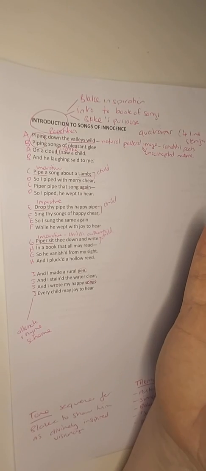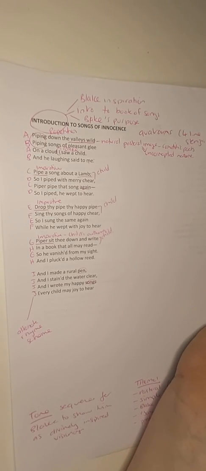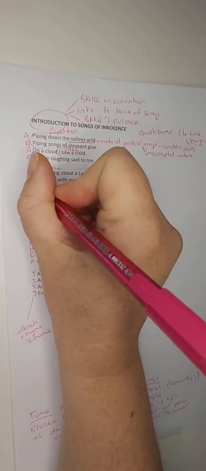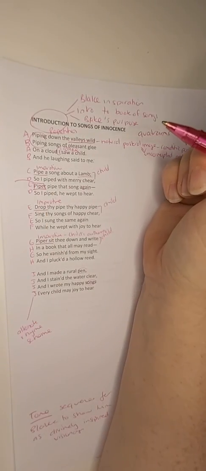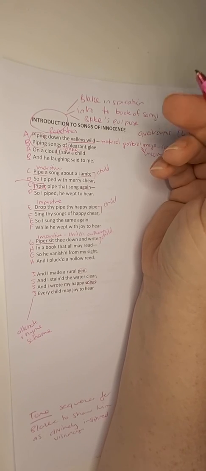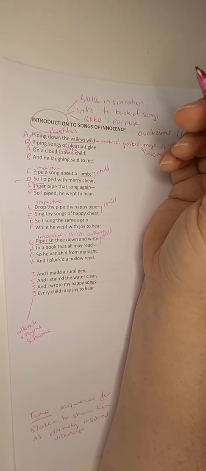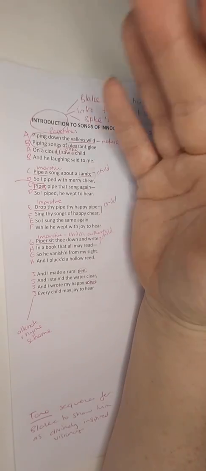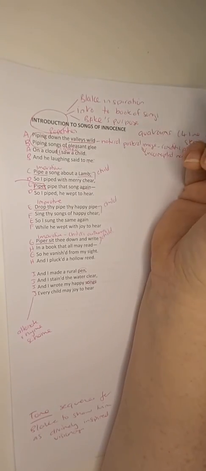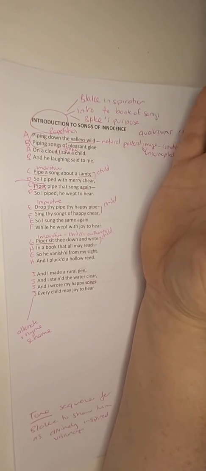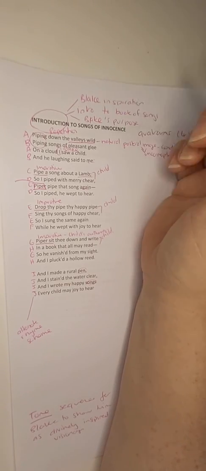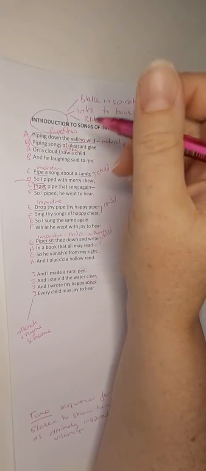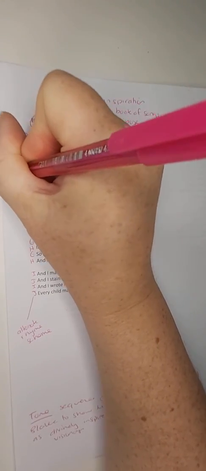If you know the story, the Pied Piper of Hamelin is hired by a city to get rid of the city's rats. He has a magic pipe, so he plays some beautiful songs on his pipe to charm the rats out of the city and over a cliff. Once the rats are gone, the city folk refuse to pay the piper, and he steals their children in the same way. He charms them with a song on his pipe. So I'm just going to write here, Pied Piper with a question mark.